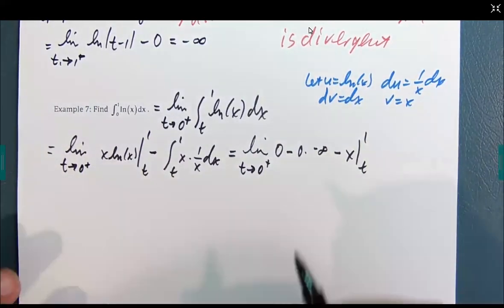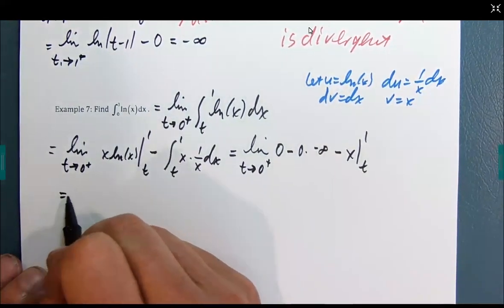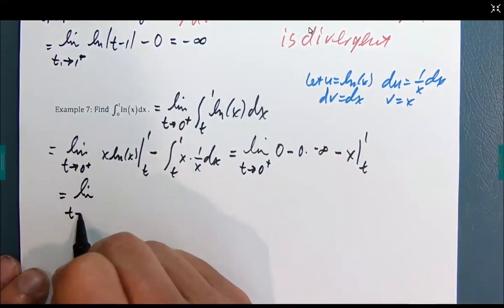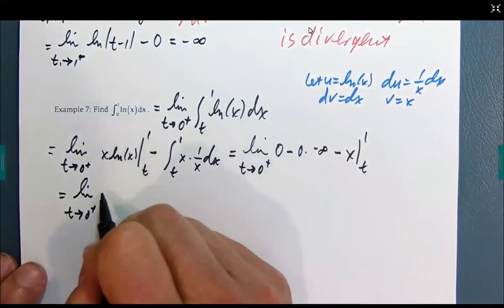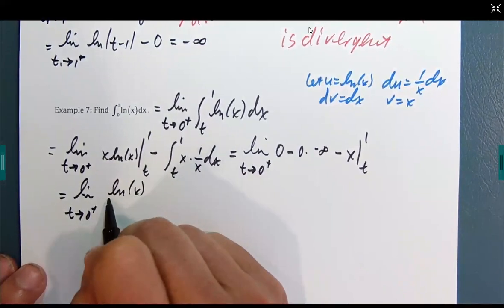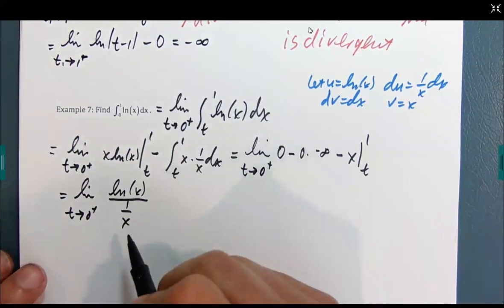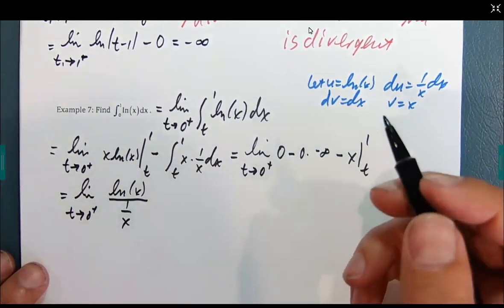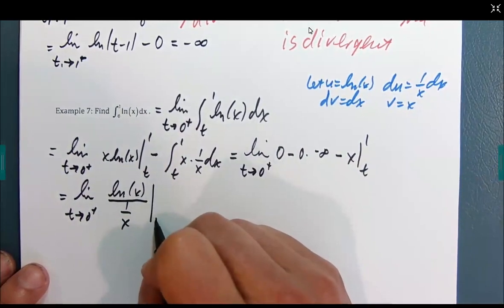All right, so we need to deal with this. And I'm going to rewrite it as ln of x over 1 over x. And that's going to be infinity over infinity. t to 1.